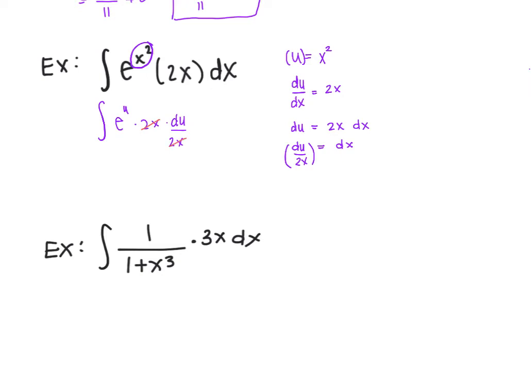So I'm left with the integral of e to the u du. Well, that integral is just e to the u plus c. And I'm going to back substitute in my x squared so that it's in terms of x again. So e to the x squared plus c.